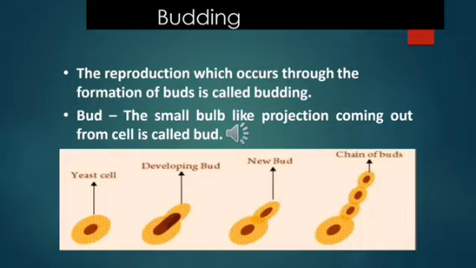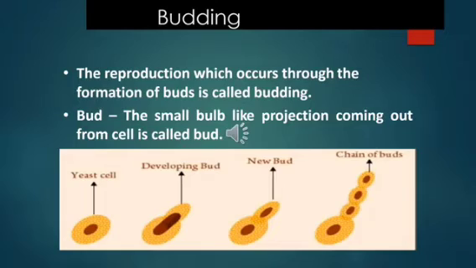These are single-celled organisms, and yeast can reproduce by the method of budding. Now let us try to understand the meaning of budding. The reproduction which occurs through the formation of buds is called budding.